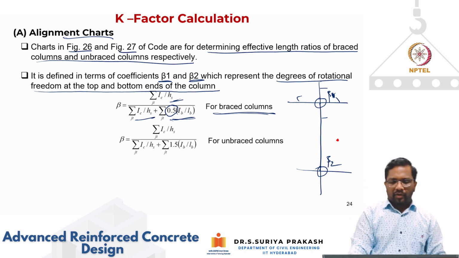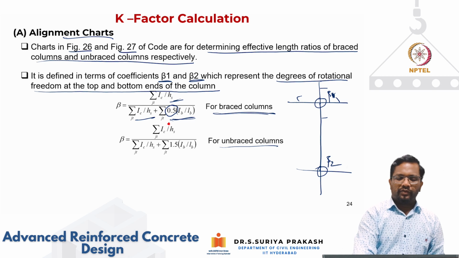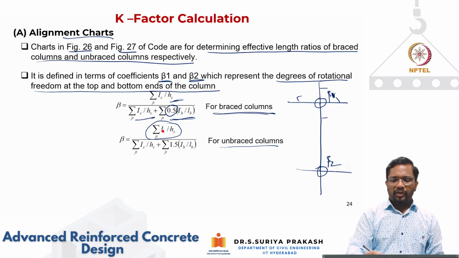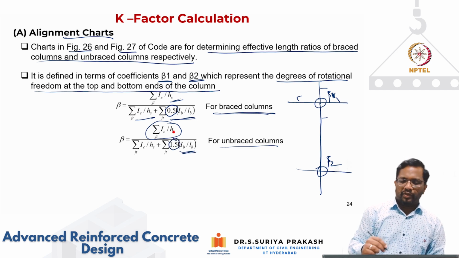Now, if the same column is unbraced, you will find that the stiffness of the column, top and bottom, for a particular joint still remains the same. The only thing you see here is that for the beams, the denominator has a higher value of 1.5.